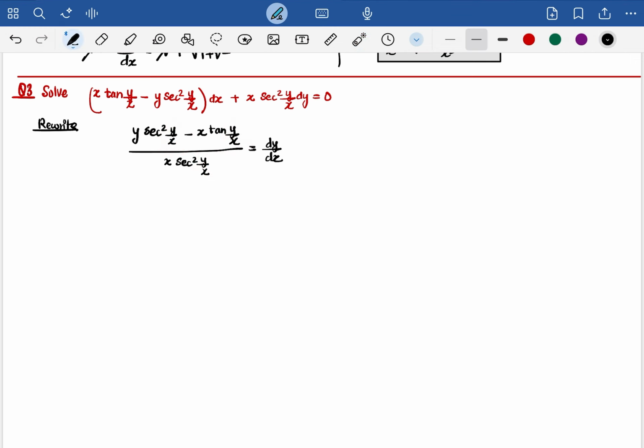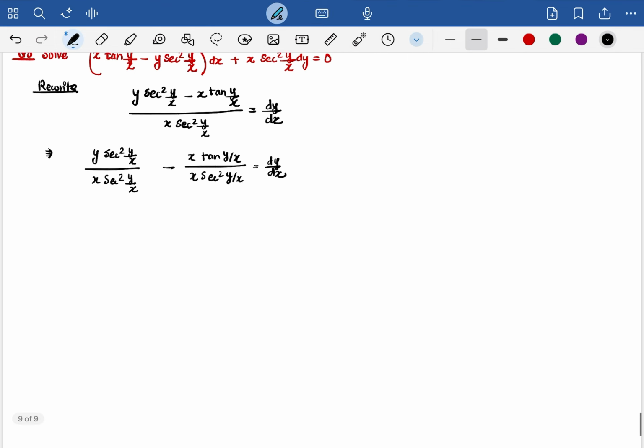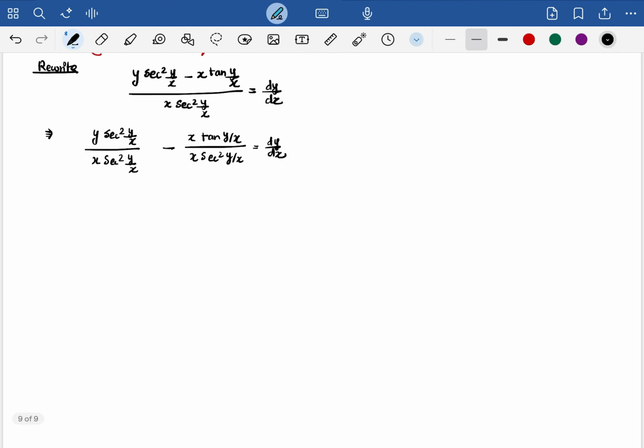So we'll just solve it term by term. This is y sec square y by x divided by x sec square y by x, minus x tan y by x divided by x sec square y by x, and this is nothing but equal to dy by dx. So this term will get cancelled and this will get cancelled.